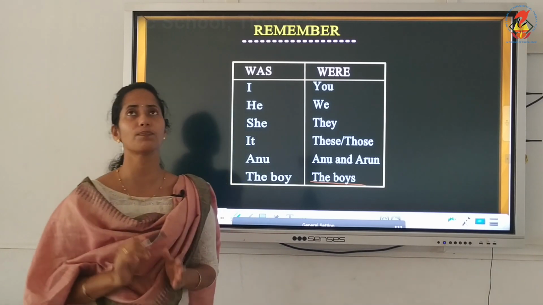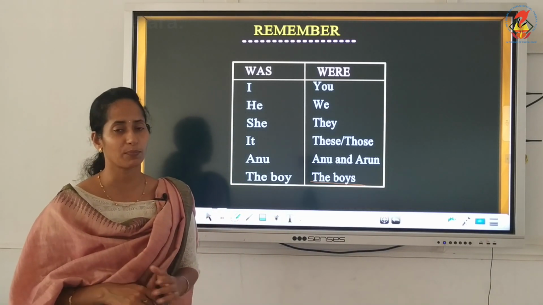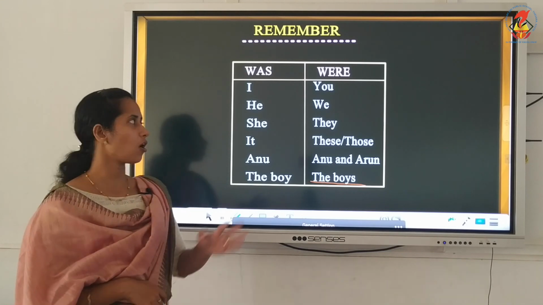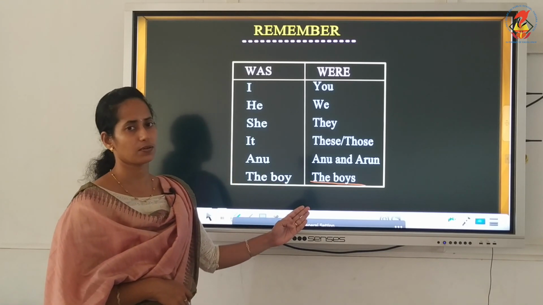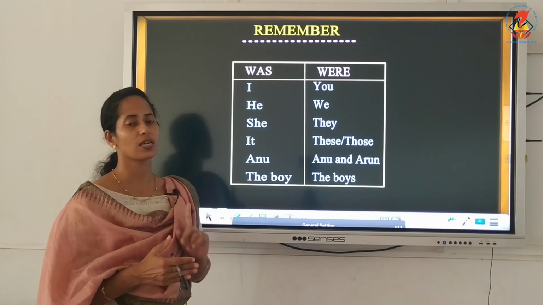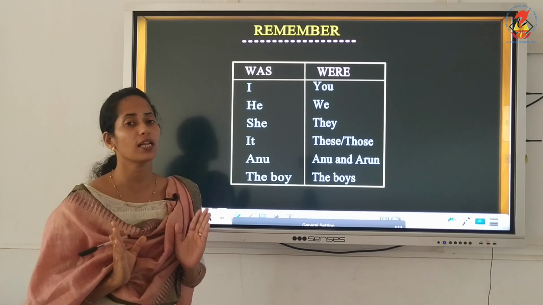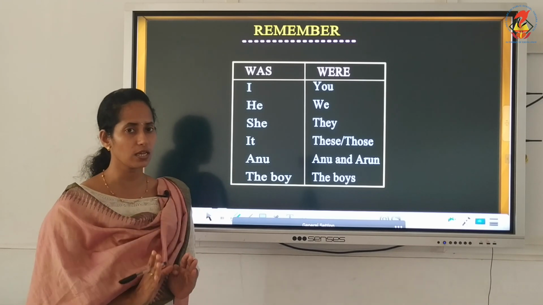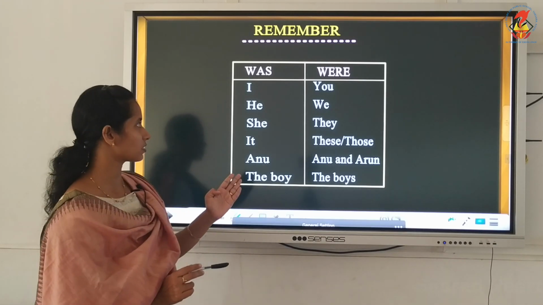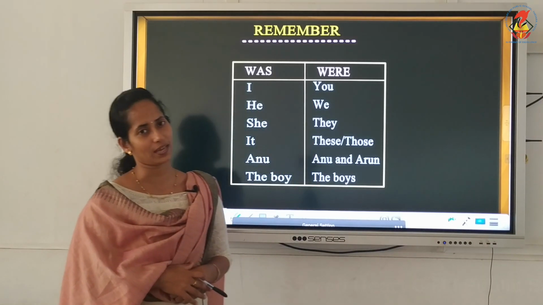So along with more than one you have to use "were." Am I clear? Okay, so always keep in mind: "I," "he," "she," "it," "Anu," "the boy," which means singular nouns, take "was," and plural nouns take "were."